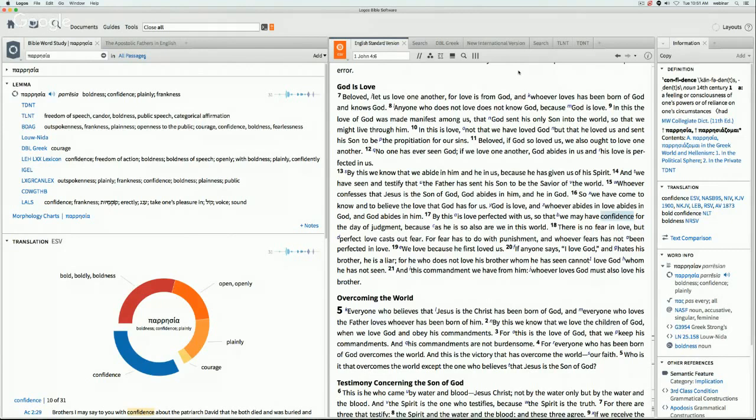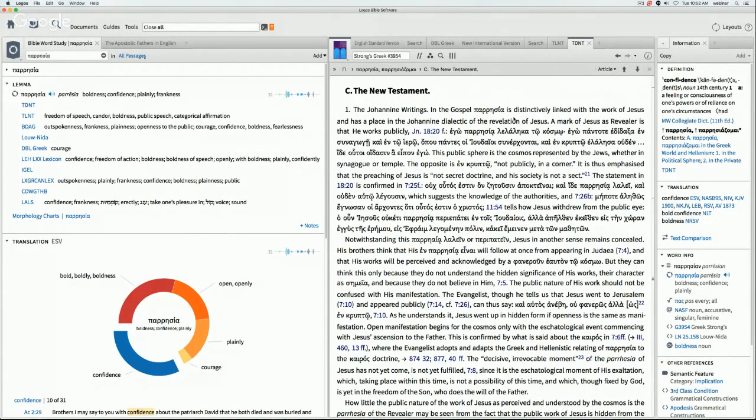Great. Okay, so as we said, it's important to do this work on our own and try to puzzle this out and put it all together based on the clues that we find in the text. But then it's also just as important to check our work against what resources and scholars have already put out there. So we're going to switch over to the Theological Dictionary of the New Testament, and we have a section here on Johannine writings.